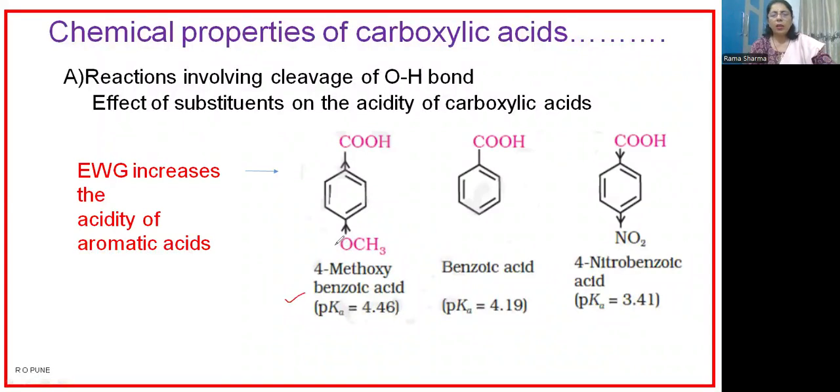So it is an electron donating group, EDG, that's why the acidic nature decreases. Greater the pKa value, weaker is the acid. Nitrobenzoic acid is the most acidic over there.